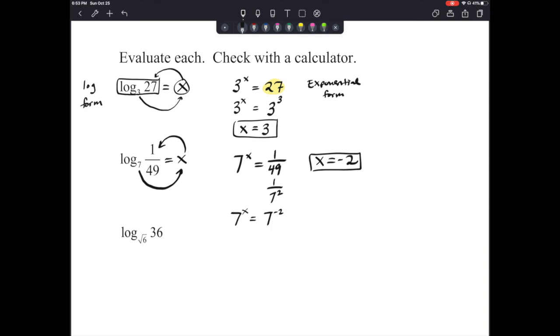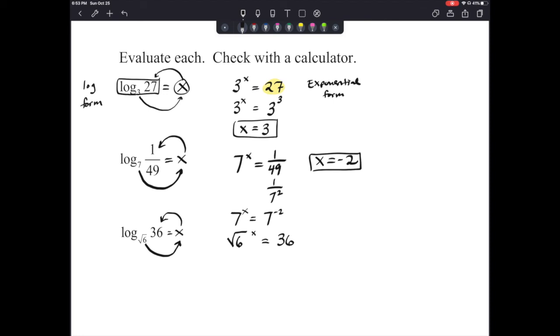And then let's do the last one. Let's take it from log form to exponential form. We'll set it equal to x. Let's do the square root of 6 to the power of x equals 36. Now we can still rewrite this one as the same base as well.